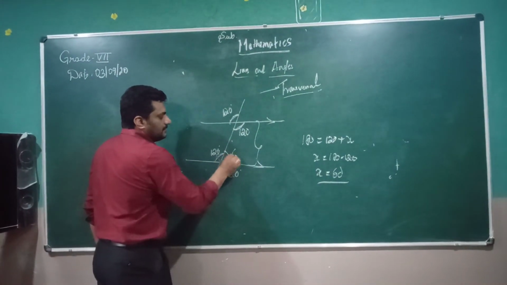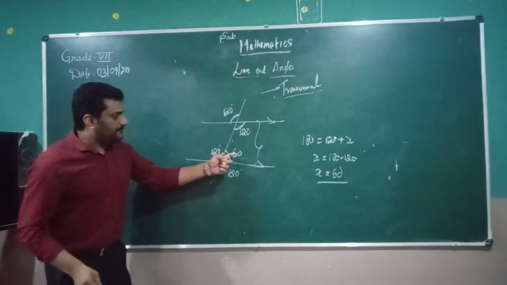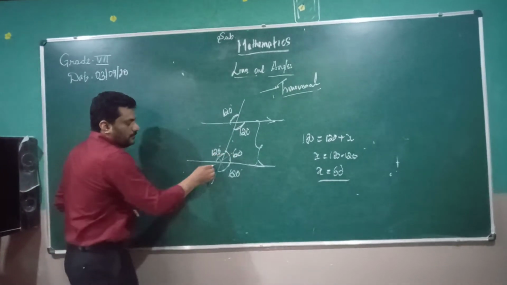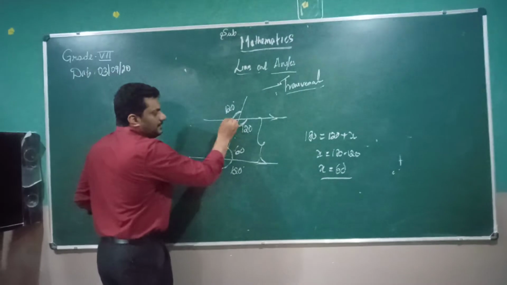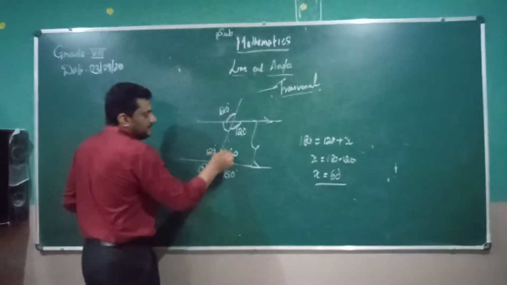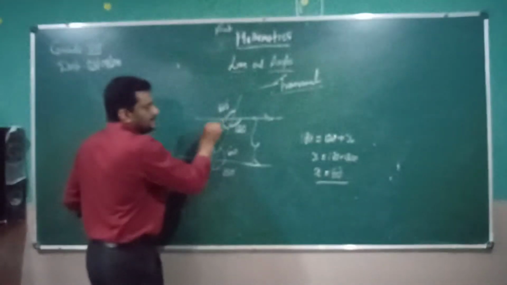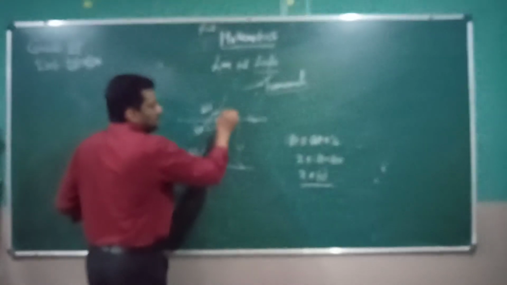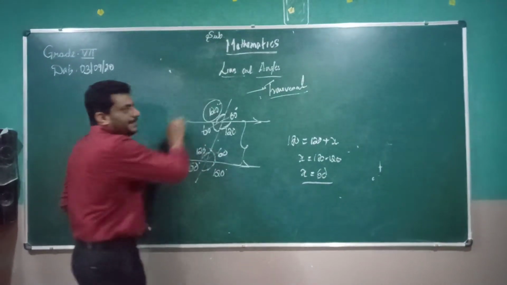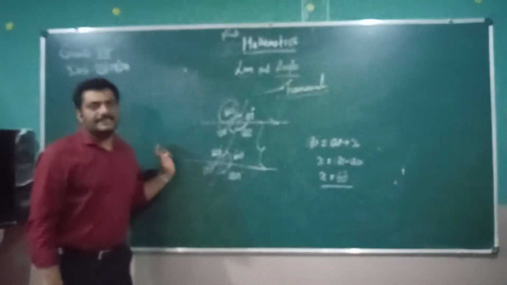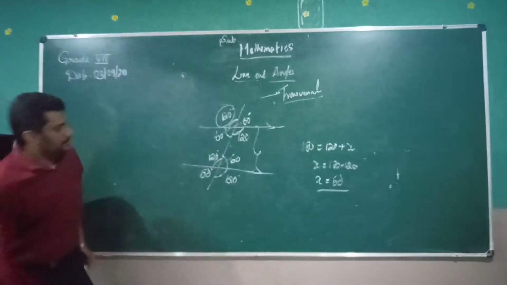So that means this is 60. If this is 60, this is opposite, this will also be 60. And these two are alternate angles. If this is 60, this has to be 60, and this is vertically opposite. So we started with one angle and we got all 7 angles.